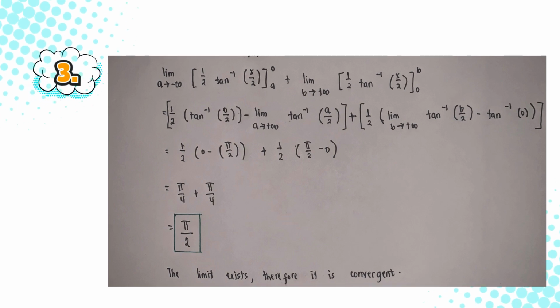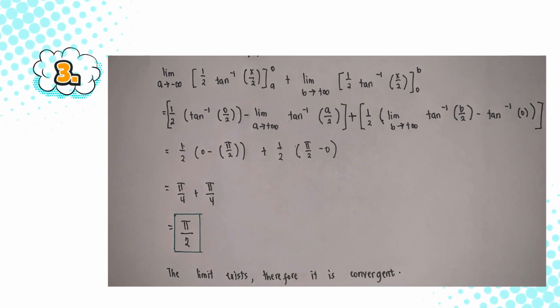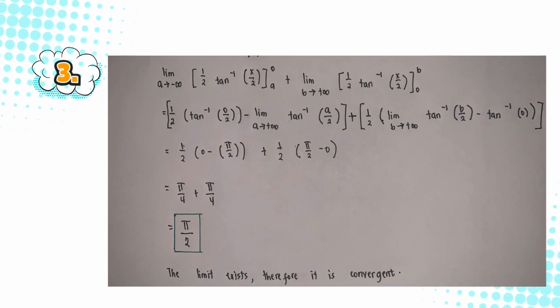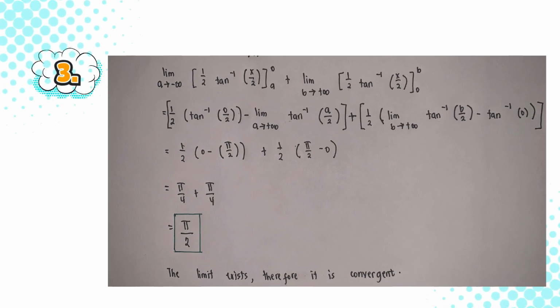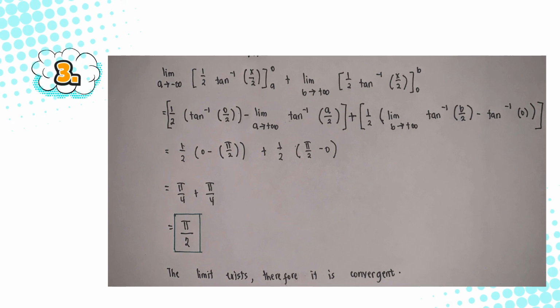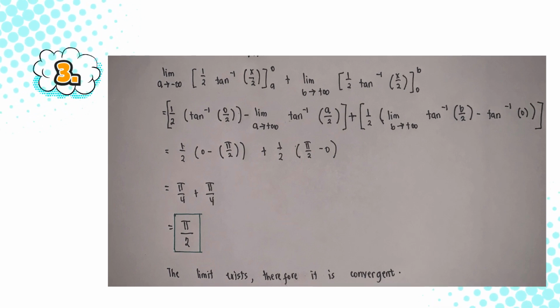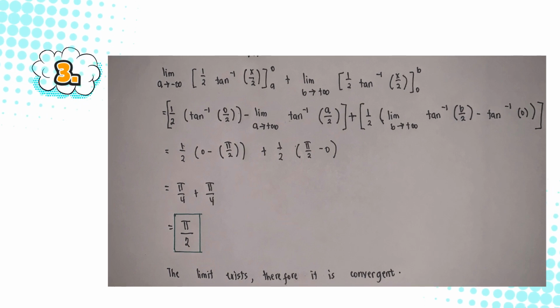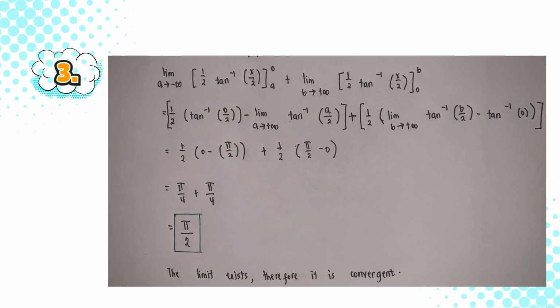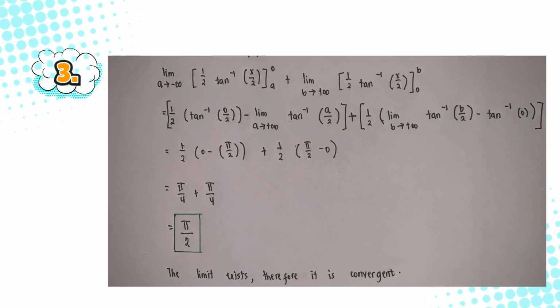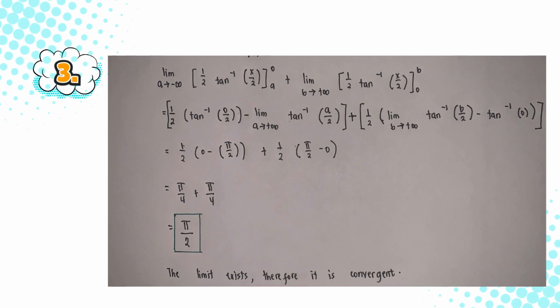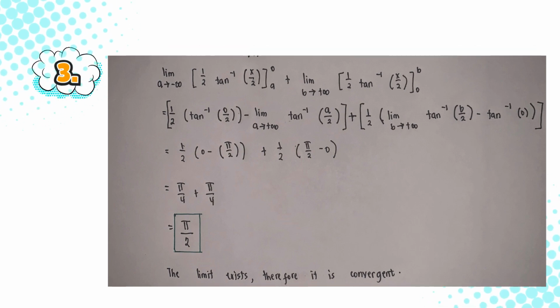The limit of 1/2 times the inverse tangent of x over 2 from a to 0 as a approaches negative infinity, plus the limit of 1/2 times the inverse tangent of x over 2 from 0 to b as b approaches positive infinity.